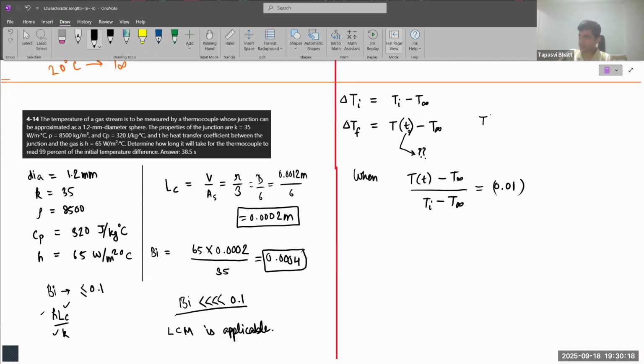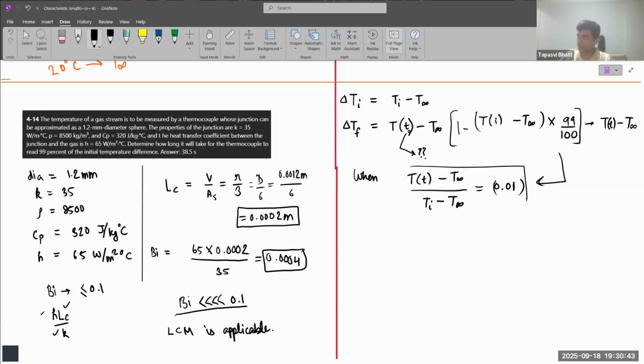So Ti minus T infinity times 99 over 100, subtracted from 1, is going to give you T minus T infinity. This is how the language translates. If you ponder the way they have expressed this, you're going to arrive at this equation directly.